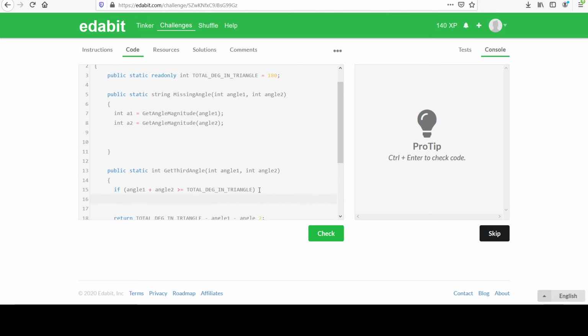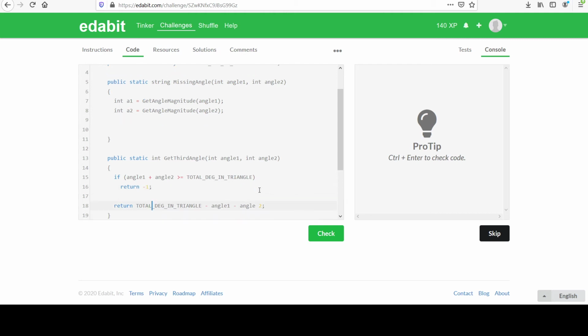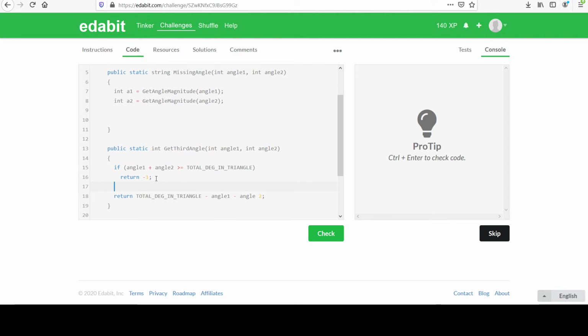So maybe you throw an exception here. We haven't talked about that, we will later. For now, for simplicity, let's just return -1, which is often used to denote a problem in a simplified way. In reality, I'd probably print something here.